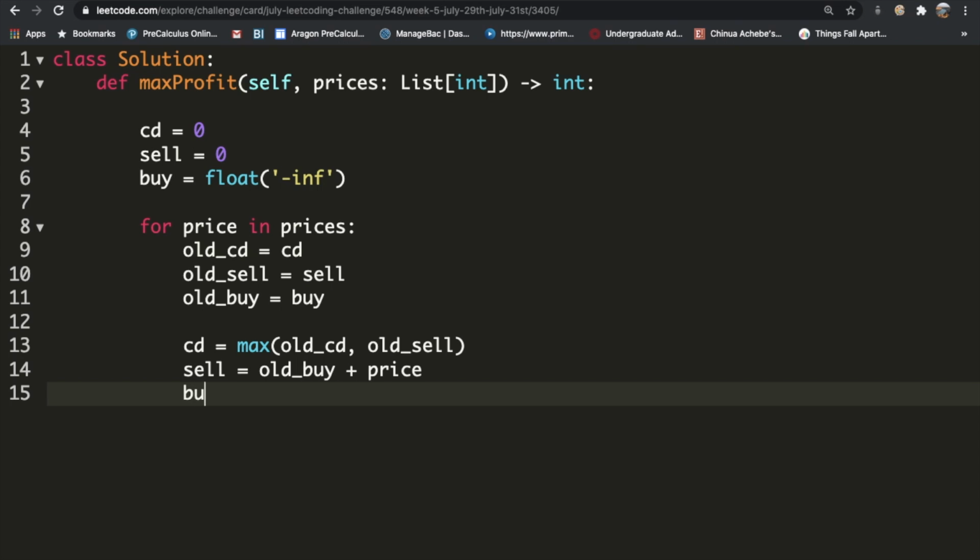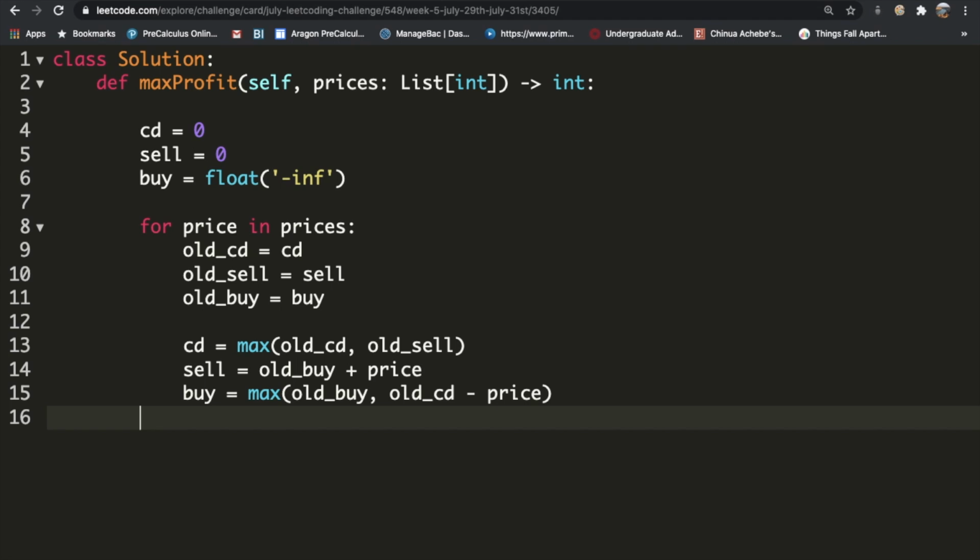And our buy is also going to change. So now buy is going to become the maximum between our old buy. So we're either holding or we're buying. So if we're buying, we're going to take our old cooldown and we're going to subtract today's price from it. So old cooldown minus price. And that should be it.